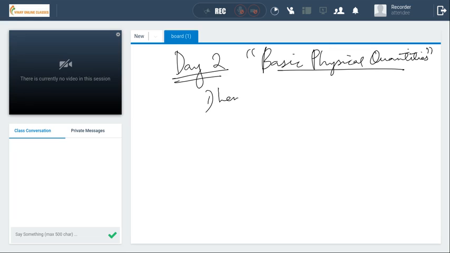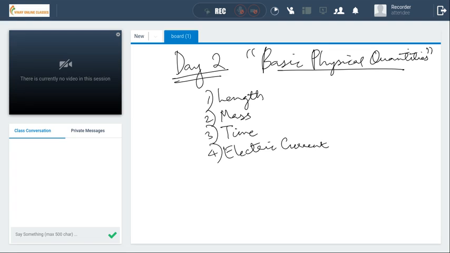First, length. Second, mass. Third, time. Fourth, electric current. Fifth, temperature.